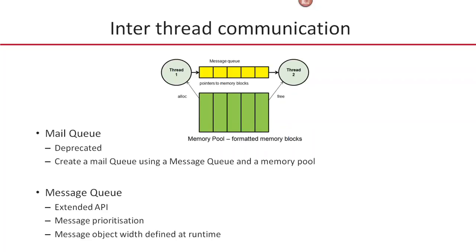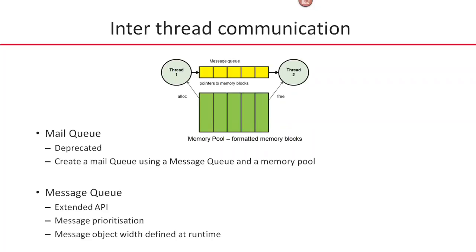The message queue itself, the API there has been extended, and it's also now possible to prioritize messages. So before, a message queue was a simple FIFO where we could post a message and they'd be received in order at the destination thread. Now we can set a priority, so we can post general messages, and then we can post a high priority message which will immediately jump to the front of the queue.